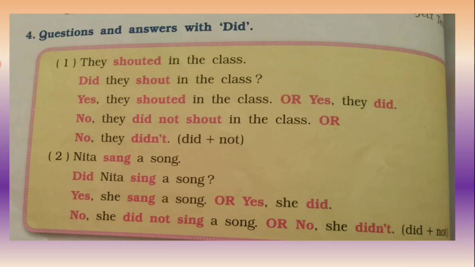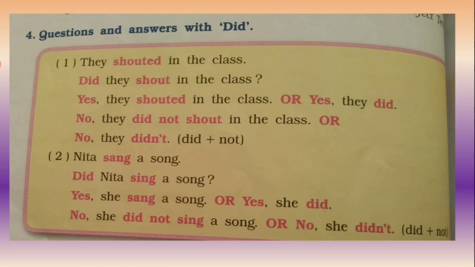Second one is Nita sang a song. So we will make it an interrogative sentence like this. Did Nita sing a song? Here, at first we keep did, and sing is the base form of the verb. Then give the answer in affirmative. Yes, she sang a song. Because the question is in past tense, we will keep here the past form, V2.